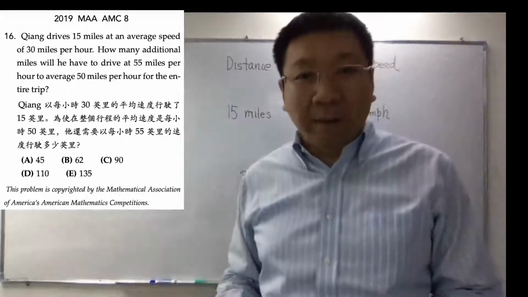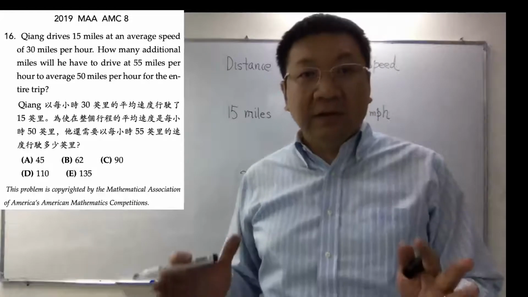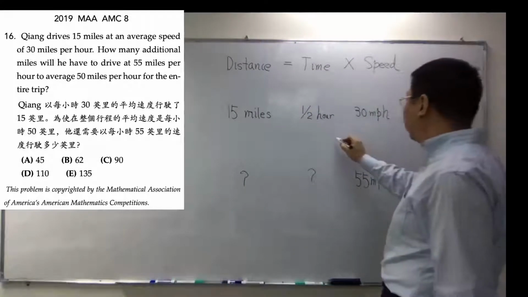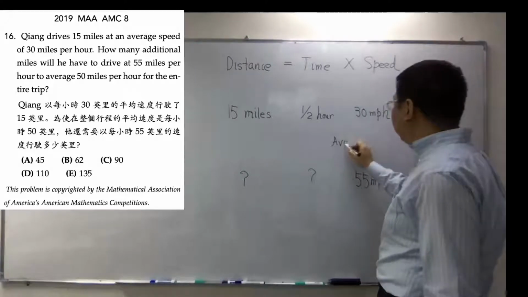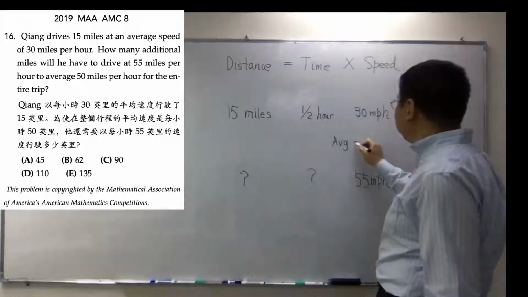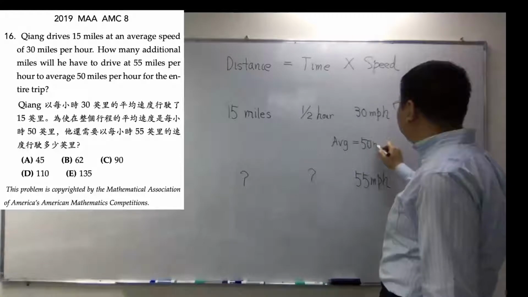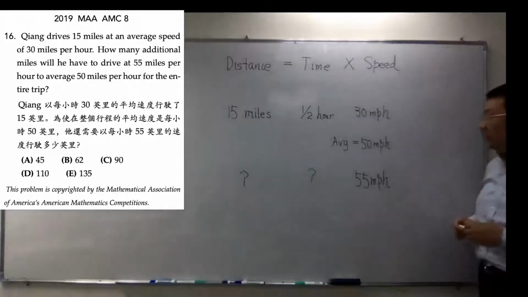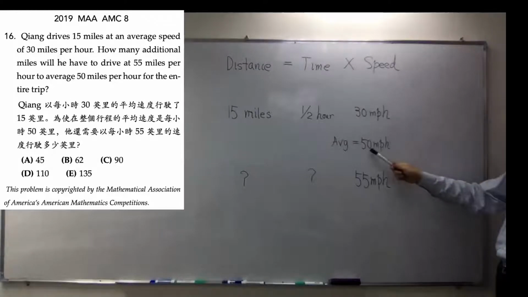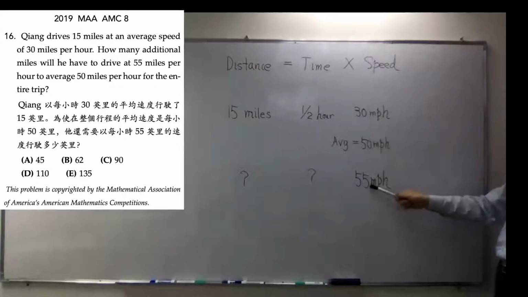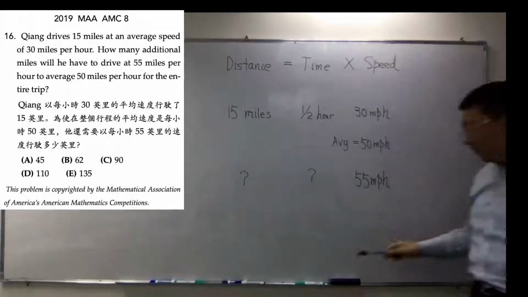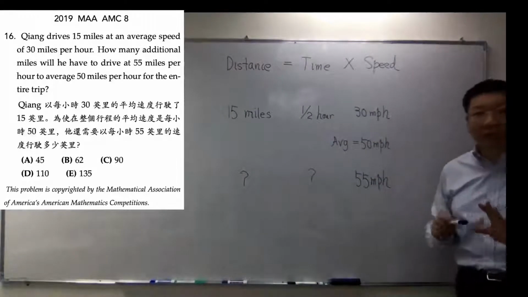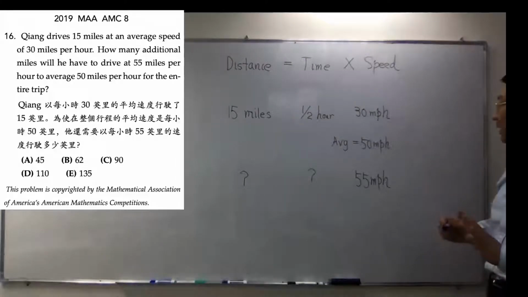But there's one more condition, and the condition is the average speed is 50 miles per hour. Okay, so this question makes sense because the average 50 is between 30 and 55. For average problems, the thing I always like to do is to use the ratio method. What do I mean by the ratio method?